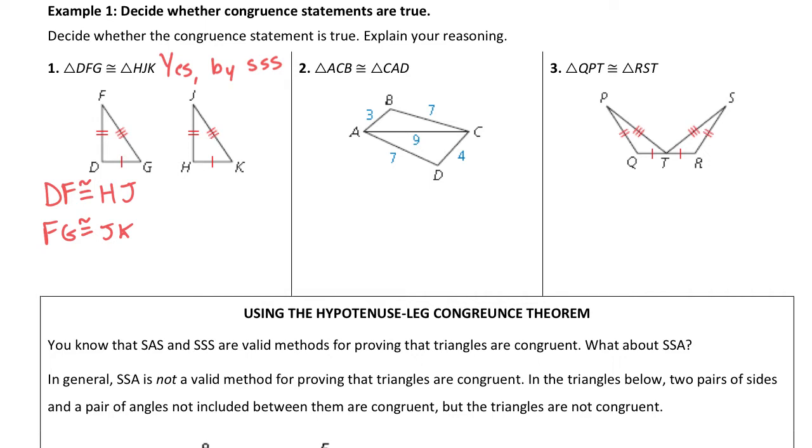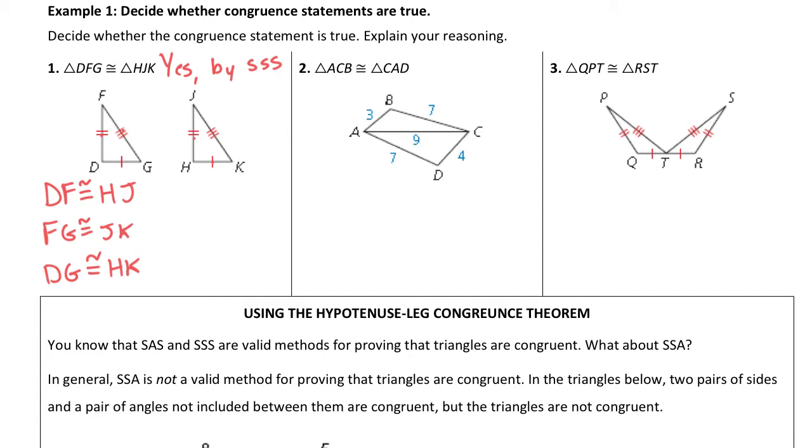And then finally, DG is congruent to HK. Okay? So that means that those are congruent by side, side, side, because each pair of sides that is corresponding is congruent. So that's the main thing we are looking at.